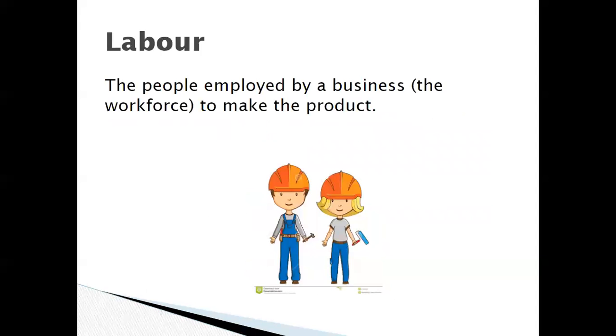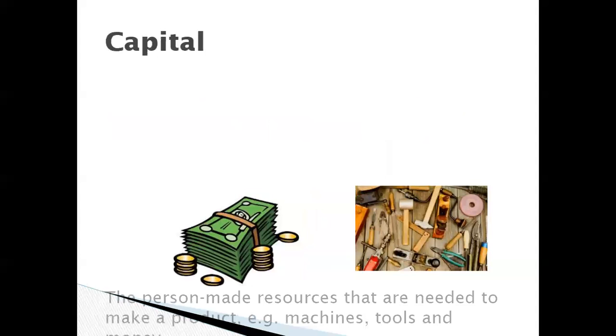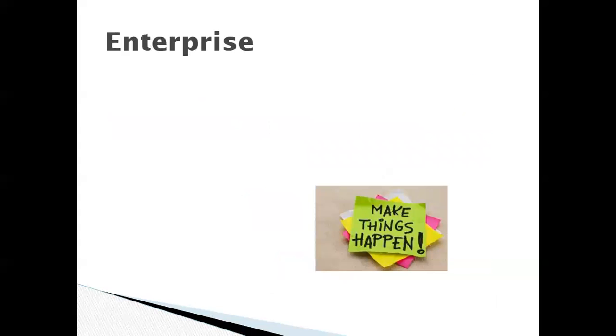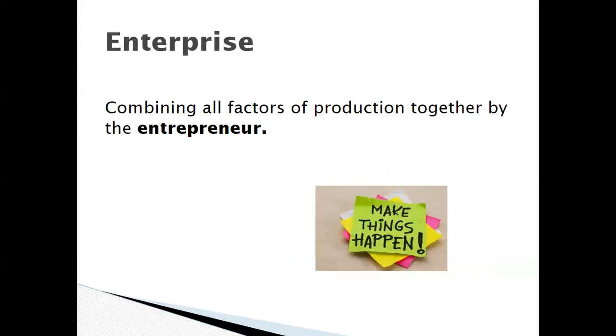Labour are the people employed to make the product, the workforce. Capital are man-made resources that are needed to make a product: machines, tools, money, any new technology, so anything that can be bought, really. And enterprise is the combining of the other factors by the entrepreneur.